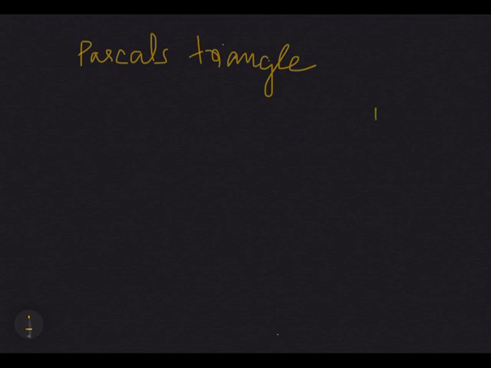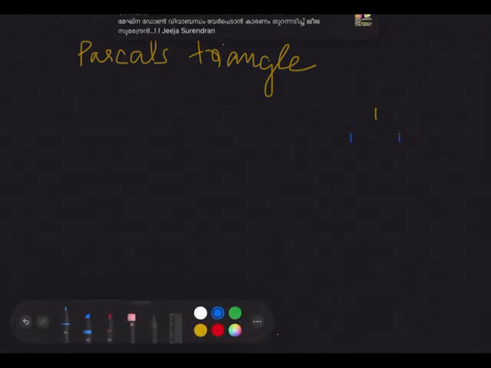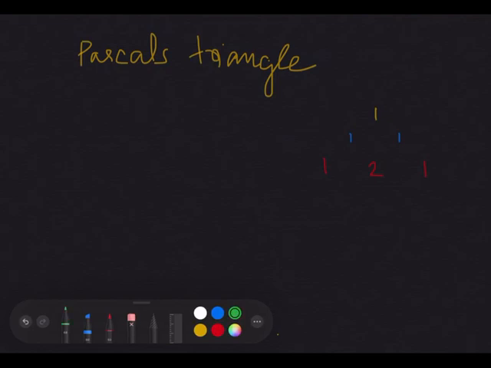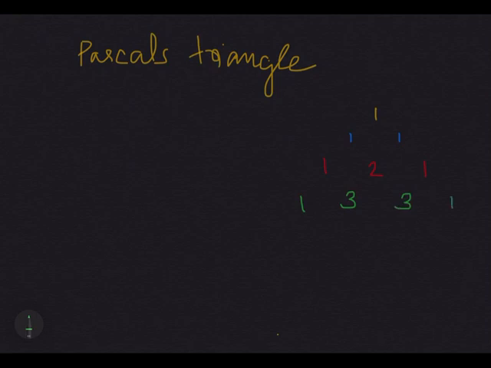Start with 1. Then 1, 1. Then 1, 1 plus 1 is 2, 1. Then 1, 2 plus 1 is 3, 2 plus 1 is 3, 1. Then 1, 3 plus 1 is 4, 3 plus 3 is 6, 3 plus 1 is 4, 1.